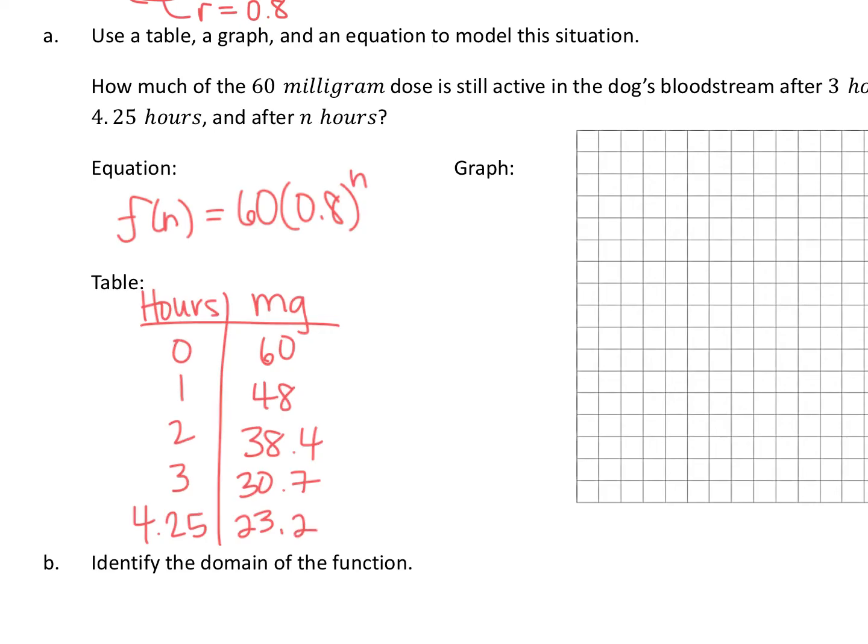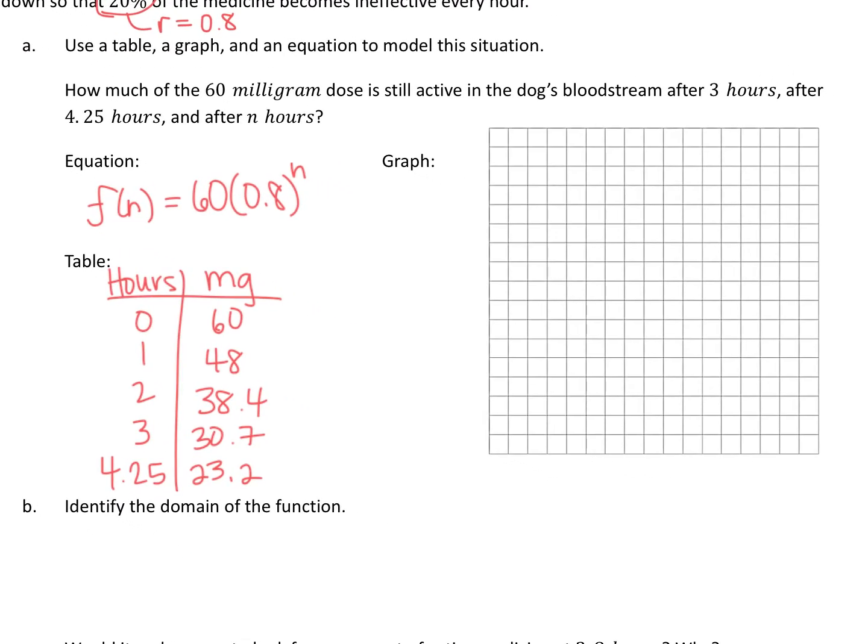So this tells me that I can predict at any time how much medicine is still effective in the dog's bloodstream. Let's graph this and show that we can predict at any time, even decimals.